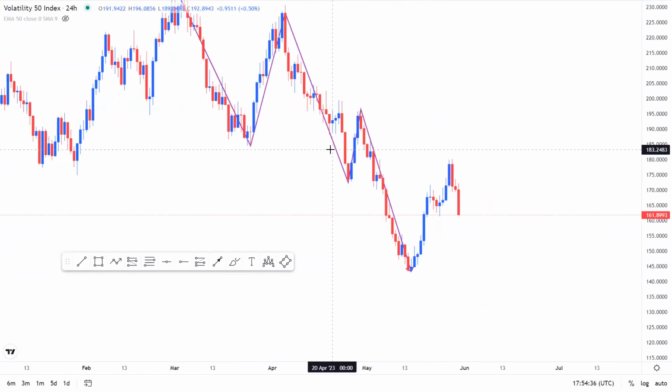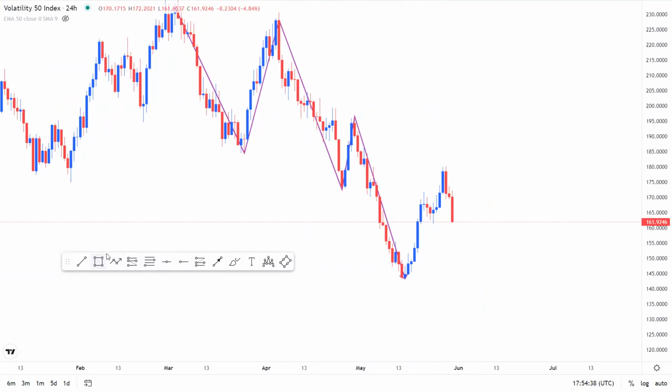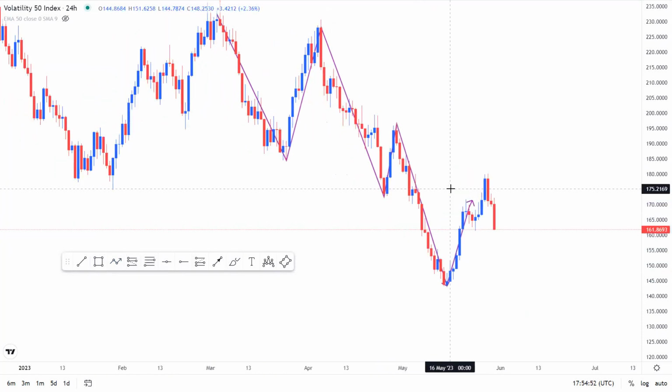As expected, we would expect price to have some form of retracement. And then that would be the time we look out for selling opportunities in line with the flow of the market.